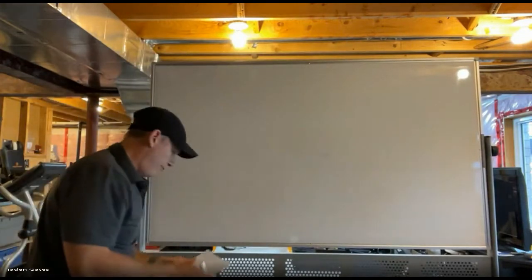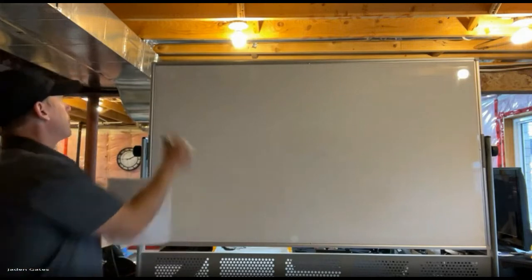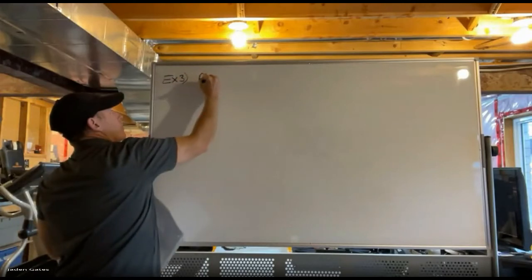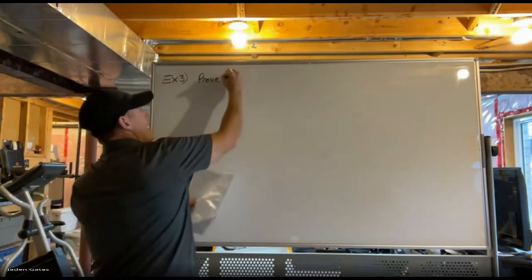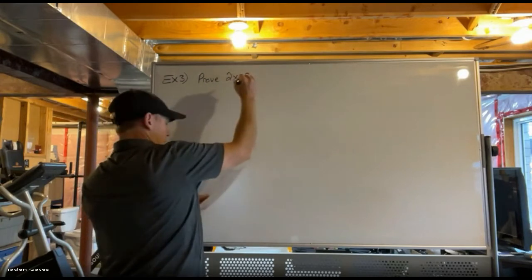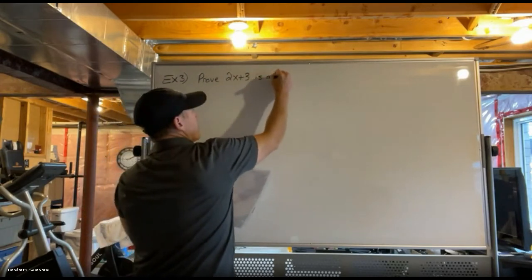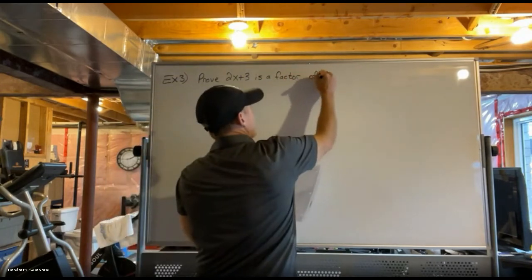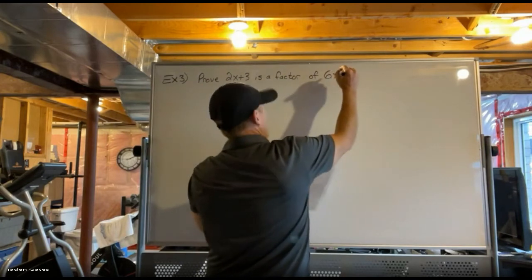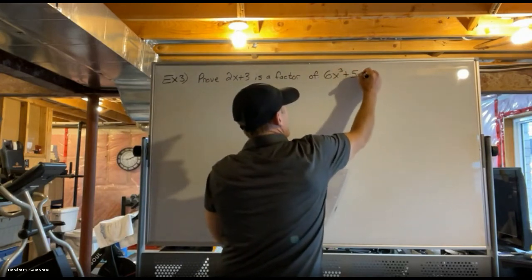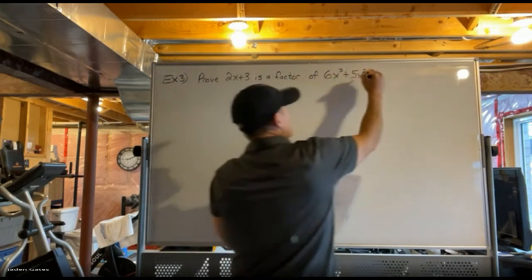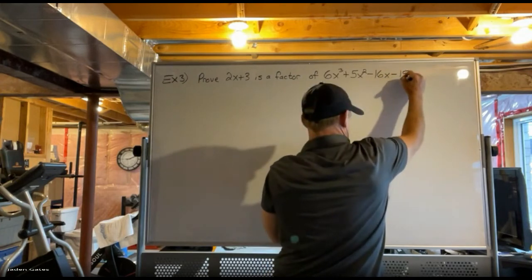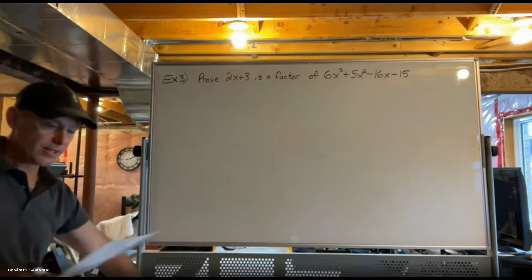It says prove that 2x plus 3 is a factor of 6x cubed plus 5x squared minus 16x plus or minus 15. All right, and then it says determine the other factors.